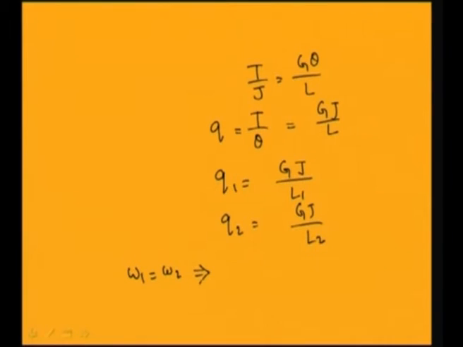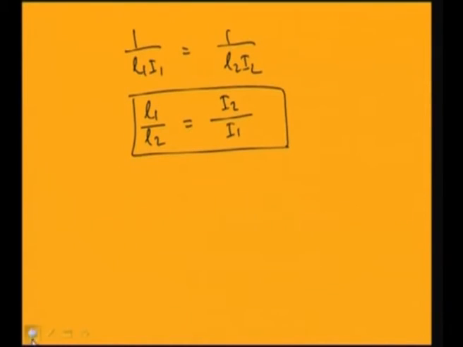So this implies that root over Q1 by I1, that means G J by L1 I1, will be equal to root over G J by L2 I2. So from this you can find that 1 by L1 I1 equal to 1 by L2 I2, so L1 by L2 equal to I2 by I1.